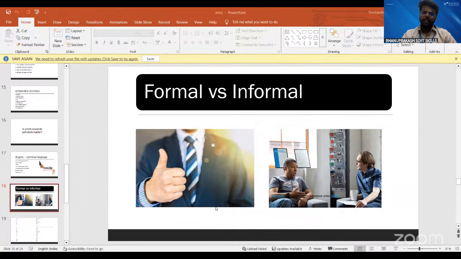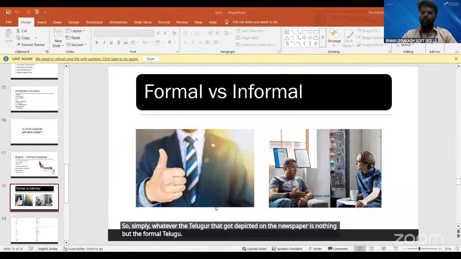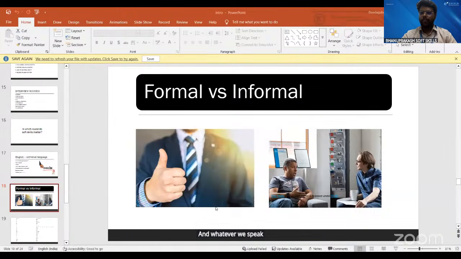Is that the same language that you speak? Although the language is the same, the same Telugu, what is depicted on the paper is not what you are exactly speaking, right? Whatever Telugu is depicted in the newspaper is the formal Telugu, and whatever we speak is an informal one.